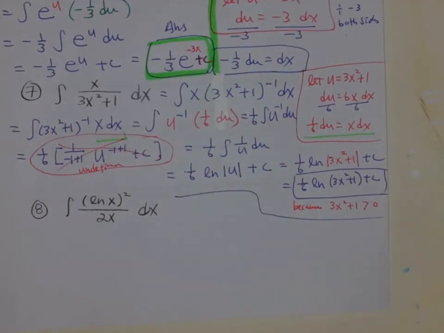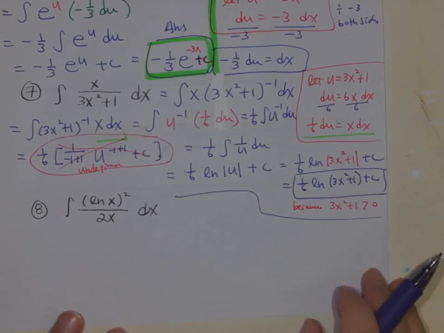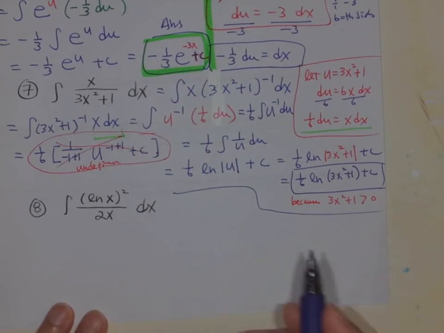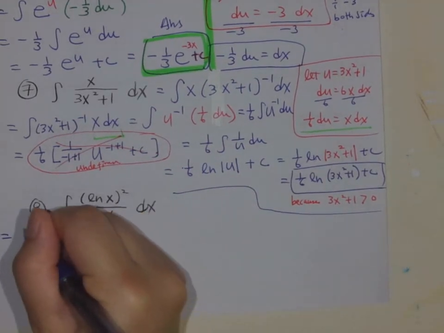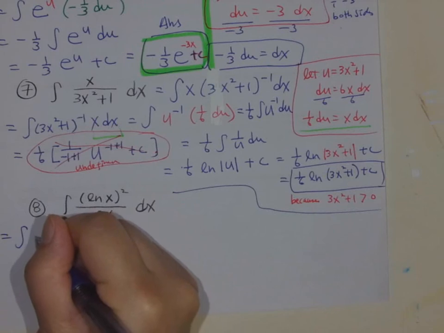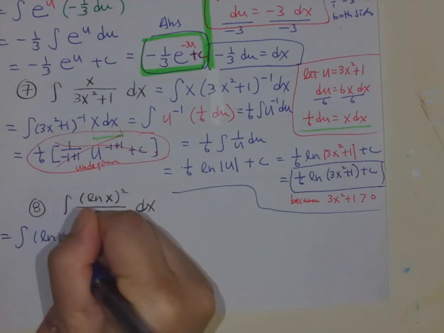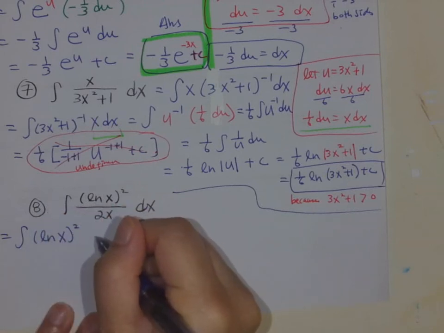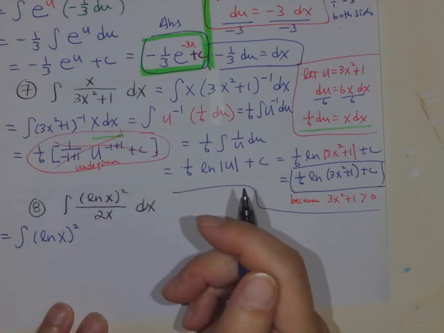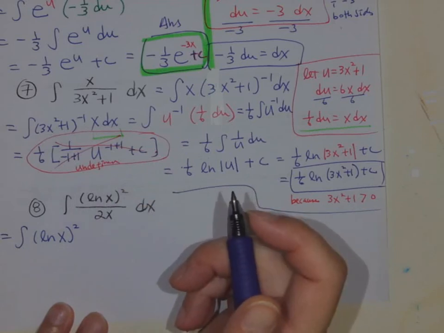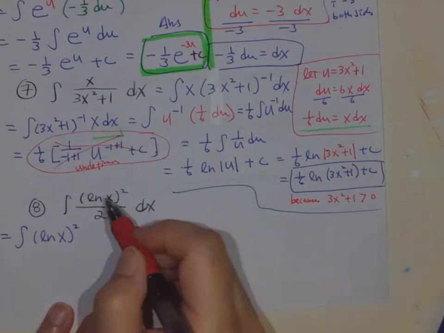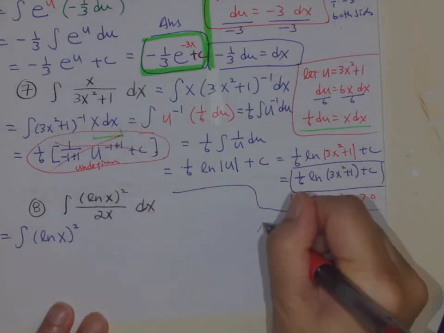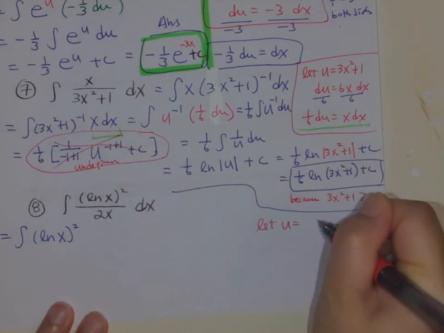Alright, so the next one looks kind of complicated also, right? Let's try to do that together. We have, let's see, I can rewrite that as ln of x squared, and this bottom part would be, I'm not sure, so let this part ln of x be my u first, and let's see how it looks for the du.